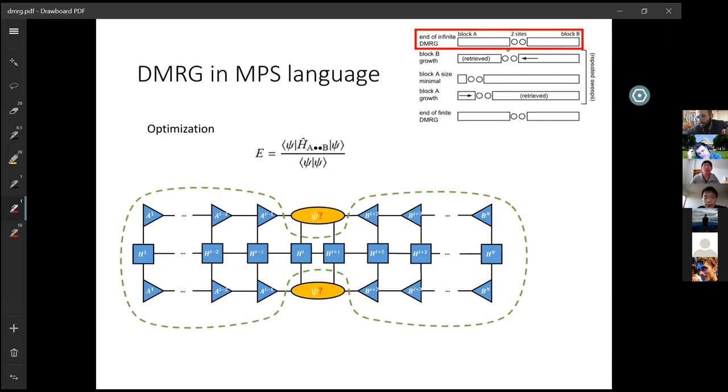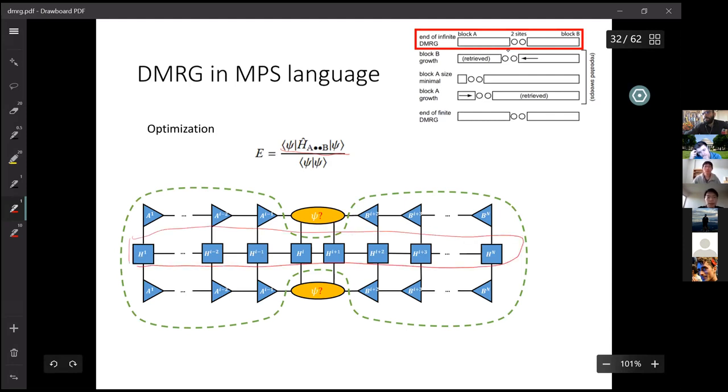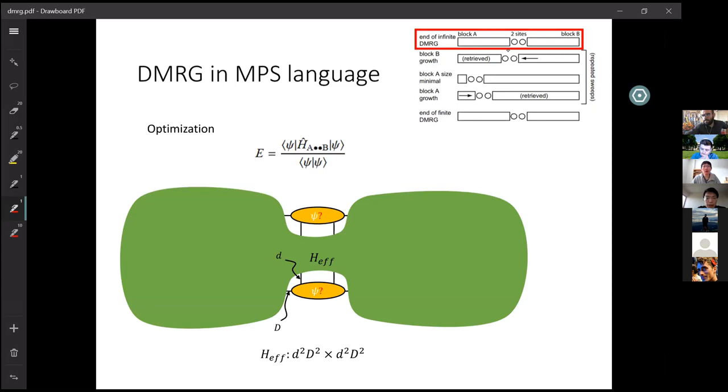So basically, we're dealing with this tensor network, which is the expectation value of the Hamiltonian. The middle layer is the Hamiltonian MPO, and this is the bra and the ket. Now we are only optimizing the middle part of this tensor network, and these blue parts are fixed. So we can contract all of the objects inside and make a bigger tensor called the effective Hamiltonian for the two sides.